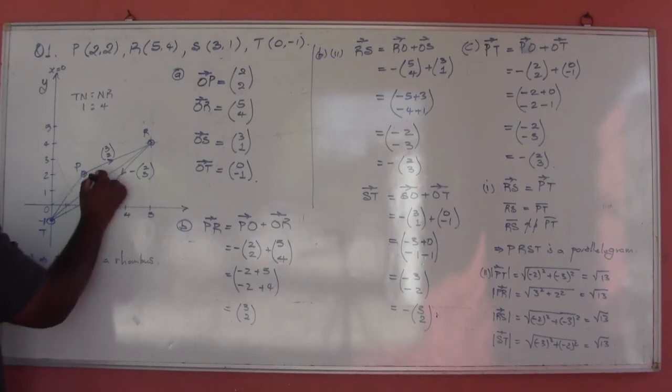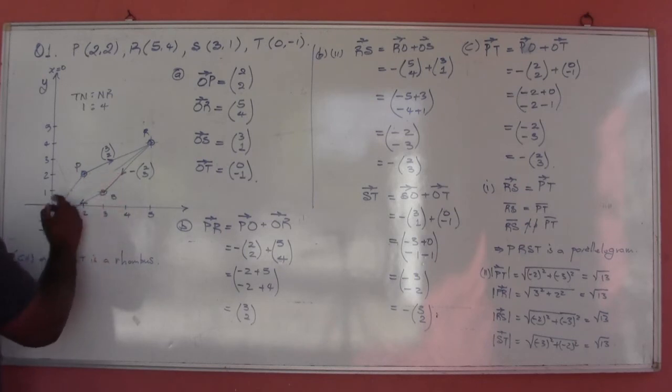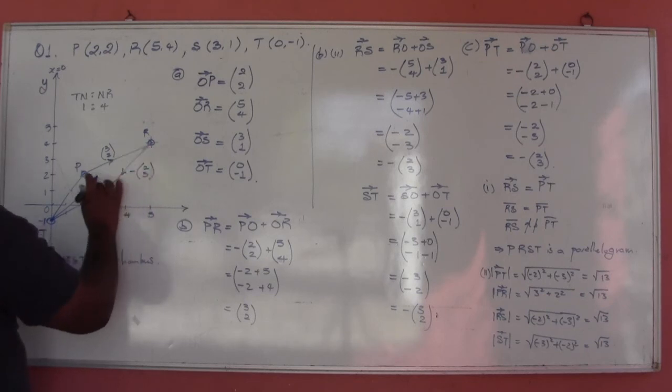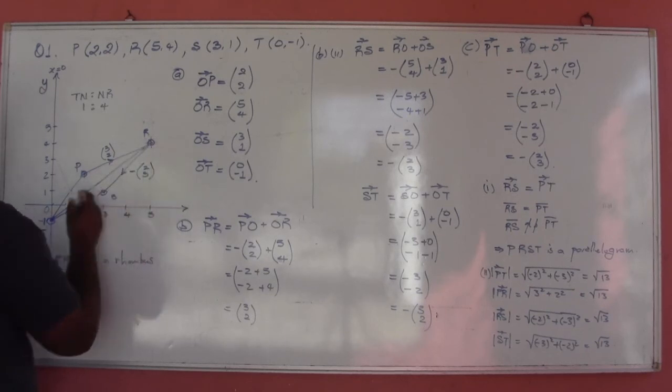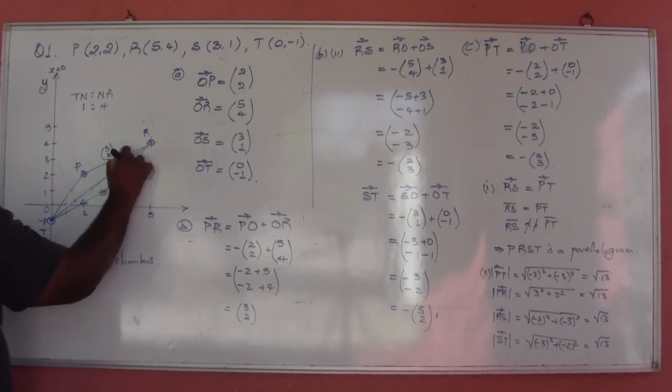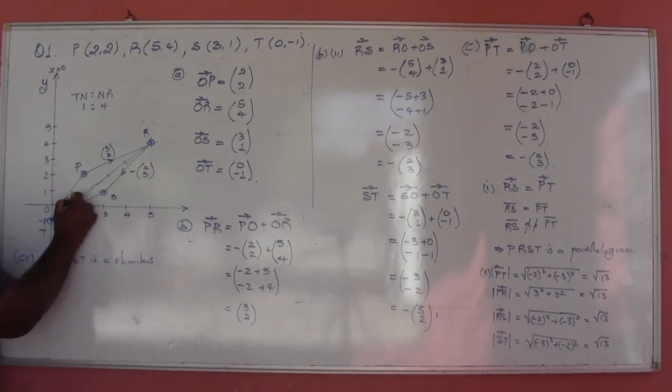So imagine that we're dividing this into 5. 1, 2, 3, 4. Let's go again. 1, 2, 3, 4. So here's where I would put my N. TN is 1 part and NR is the next 4 parts.